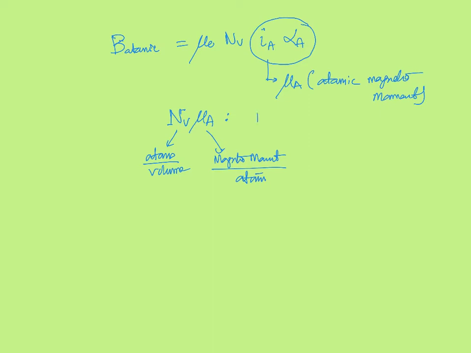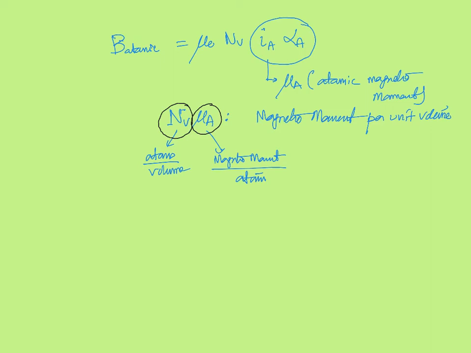So this quantity is the magnetic moment per unit volume, as this is the magnetic moment mu A multiplied by the number of atoms per unit volume. Mu A is the magnetic moment of a single atom multiplied by atoms per unit volume.